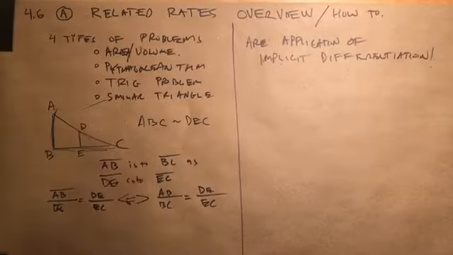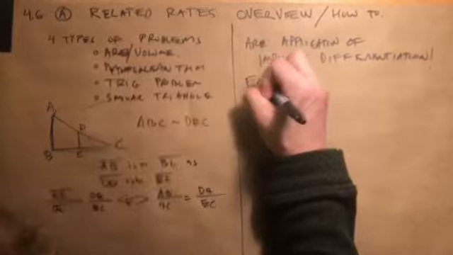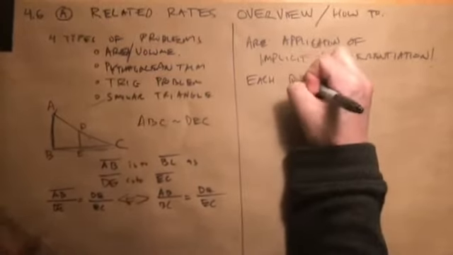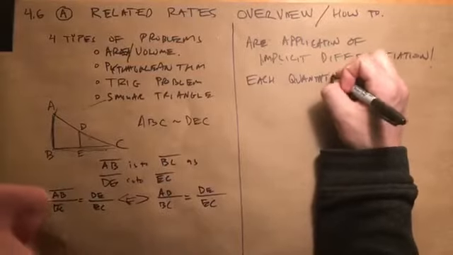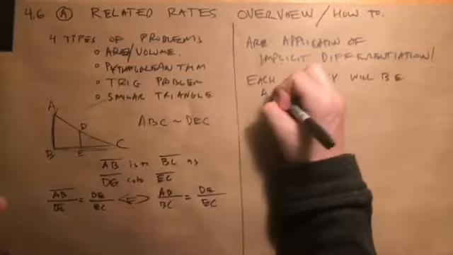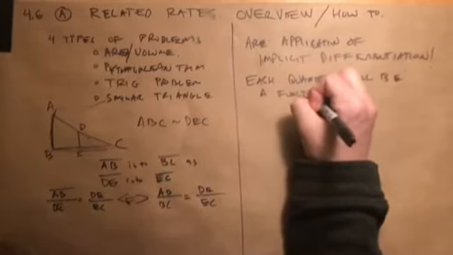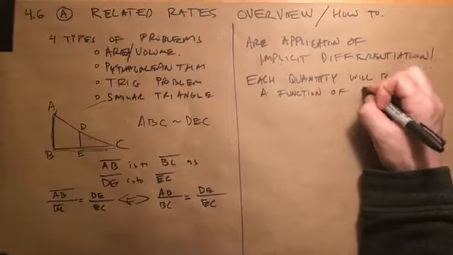That every single one of the variables that we're going to be talking about is going to be a function of some third or fourth variable. Will be a function of usually time, but I'll say another variable.